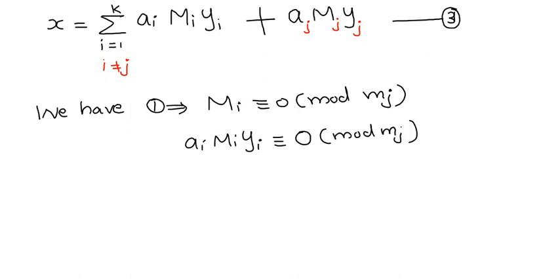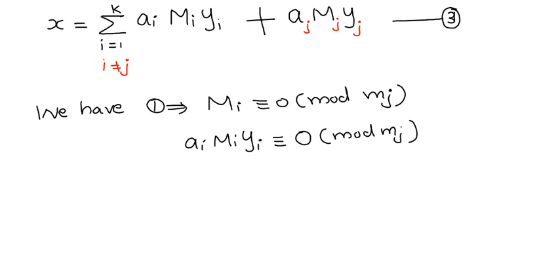So from this equation, Mi is congruent to 0 mod mj implies ai Mi yi is congruent to 0 mod small mj. This is the property of linear congruence: a congruent to b mod m implies ac congruent to bc mod m. Here we multiply ai yi on both sides of this equation, and we get this line.